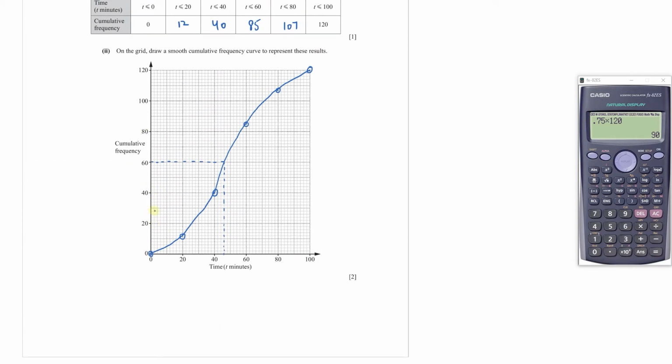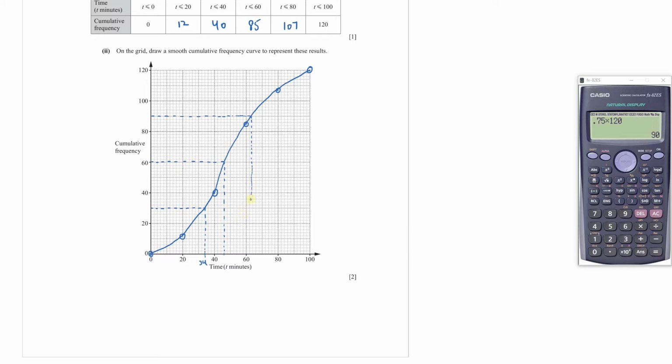So 20, this will be 30. So this value here will be 30, 32, 34, and then 90 is this one. And this is in the middle of this block, so this will go down like this.